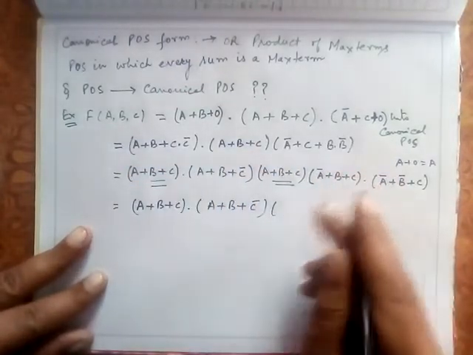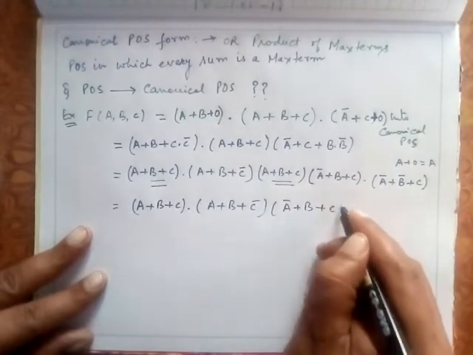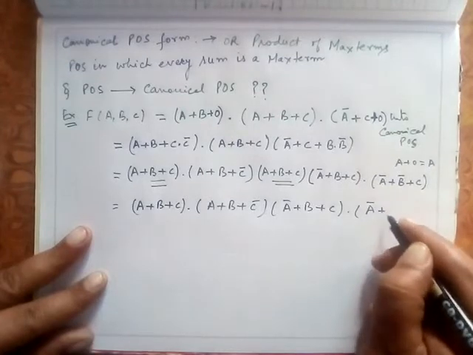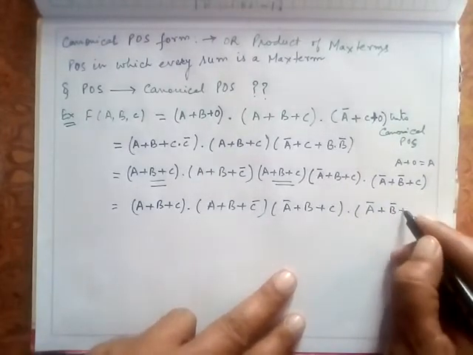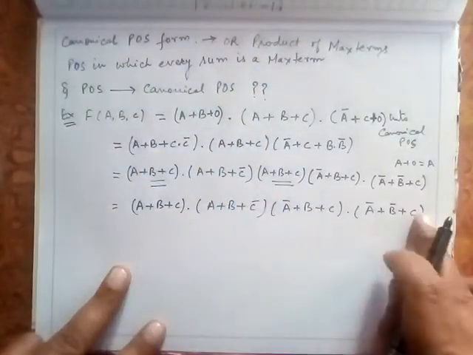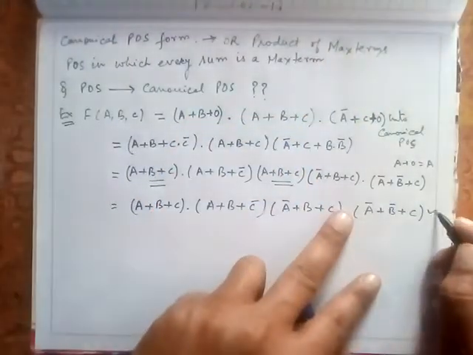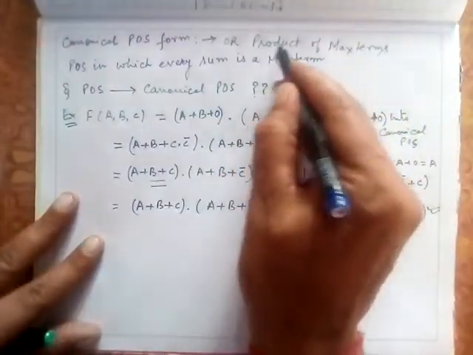Next expression, a bar plus b plus c dot a bar plus b bar plus c. Now although this has been converted into canonical POS form, my job is done at this stage only. But I'll write the expression as a product of max terms.